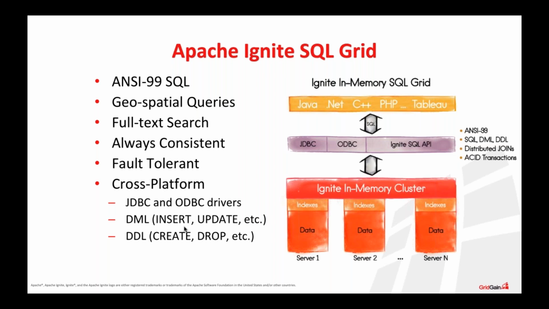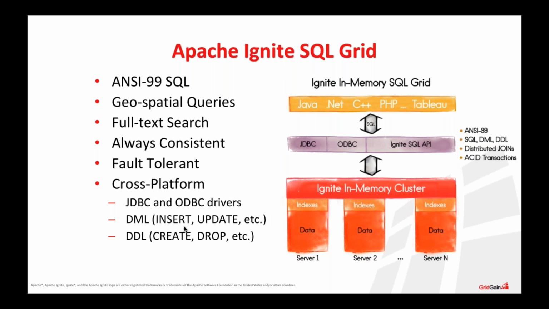Once you deliver this information, you can execute geospatial queries over your cluster. Full text search is also available if needed. And it's worth mentioning that the SQL grid, like the rest of the components that are part of the product, such as data grid, compute grid, and streaming, is always consistent and fault tolerant.